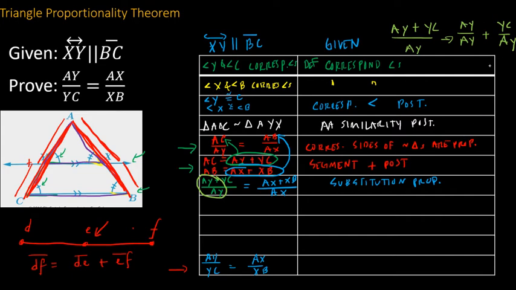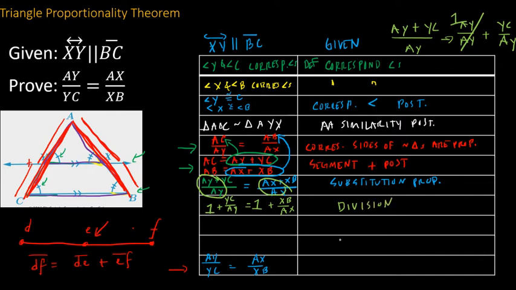AY over AY is just 1, so I can rewrite AY plus YC over AY as 1 plus YC over AY. I could do the same thing on the other side: AX over AX would be equal to 1, and then I would still have XB over AX. That's just by my division property. I'm allowed to do that.